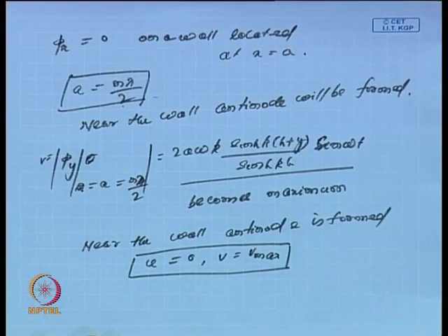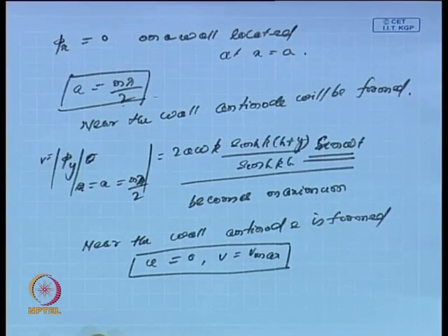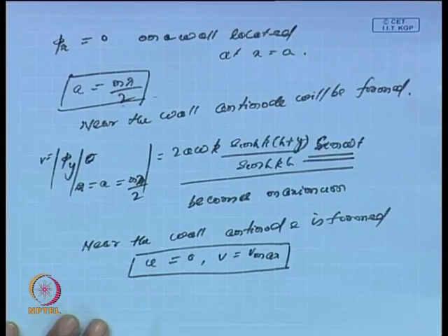Another point I want to look into: in both cases, u and v, if you look at the time dependent part, both are sin omega t terms, because this is not affected. Now, what will happen if sin omega t is 0?